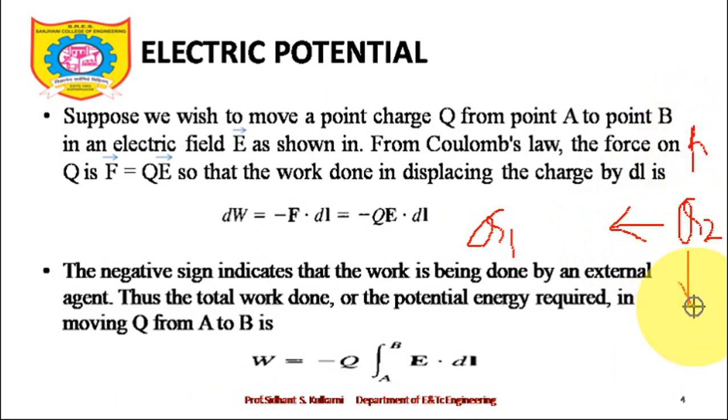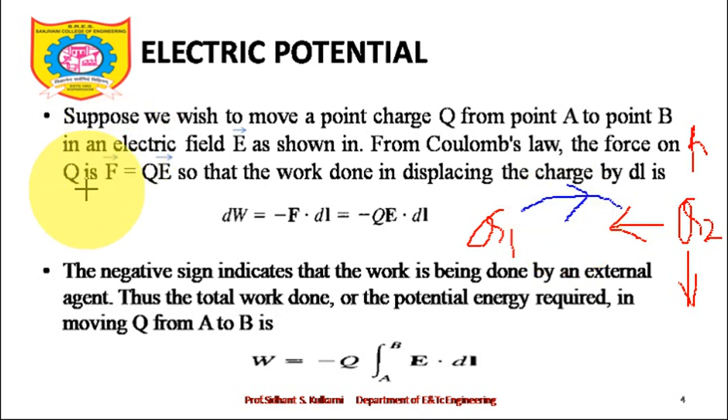If I want to take charge q1 from point 1 to point 2 against the electric field of charge q2, work must be done, and we'll try to understand how Coulomb's law interprets that, how work done is an important concept, and the electric potential.